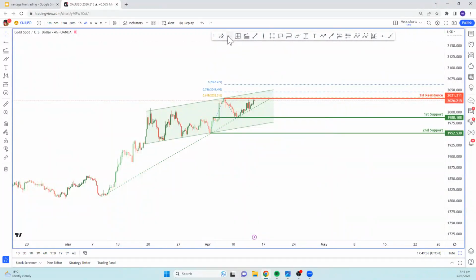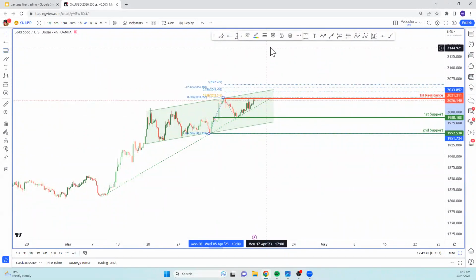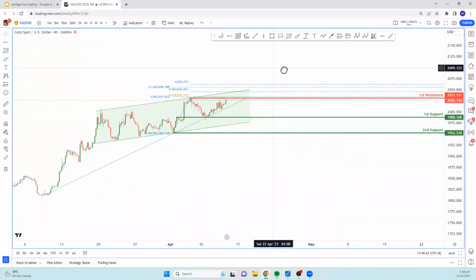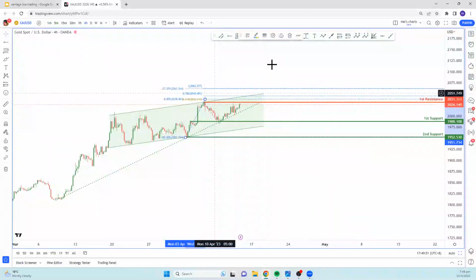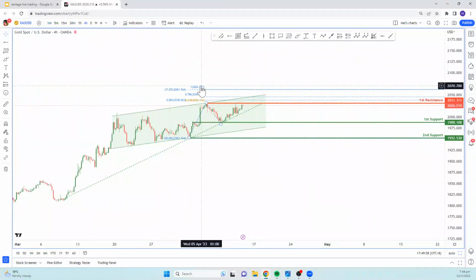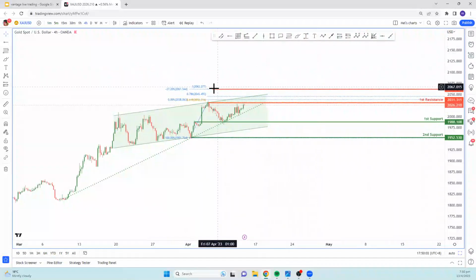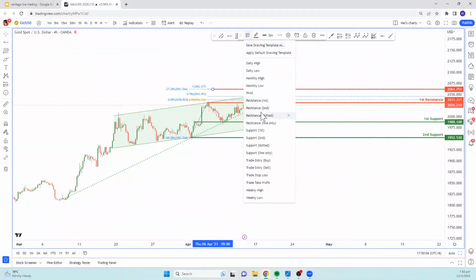Let's see if we have a Fibonacci expansion. Okay, we have a Fibonacci expansion over here, negative 27.2, which lines up with 100%. So I can place another level here. This is my second resistance.